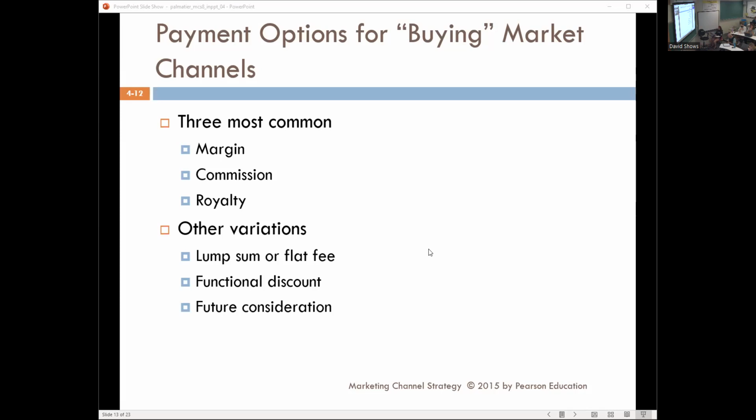So the first is margin. And this is the difference between the reseller's price, which we could also call the suggested retail price.